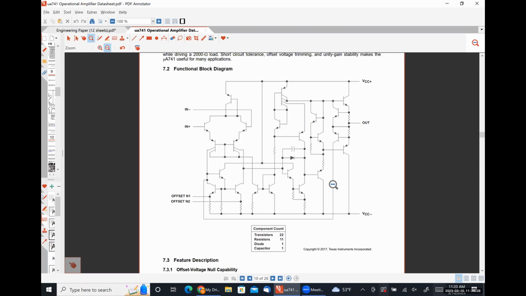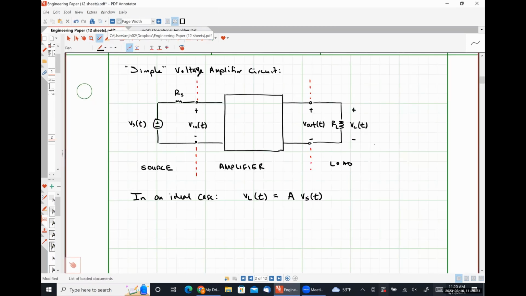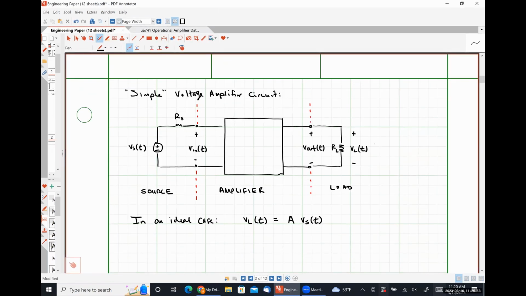Okay. So for right now, we just need to recognize that there are some input terminals and there are some output terminals and there's some amplification that goes on. So how can we make this look like something that we can do something with? Okay. So let's go back to this little representation here.